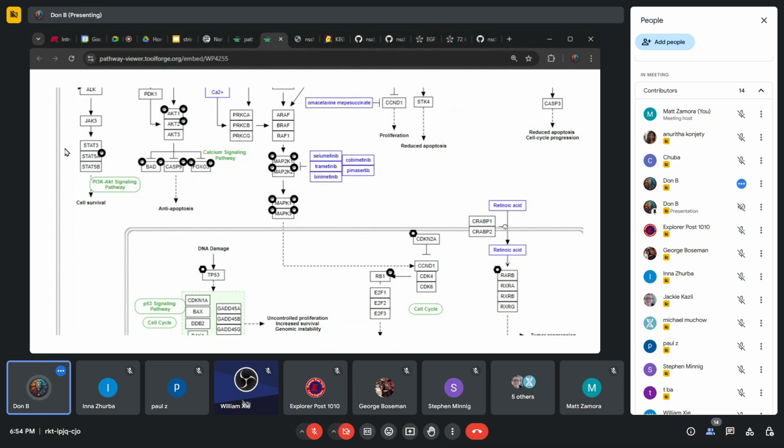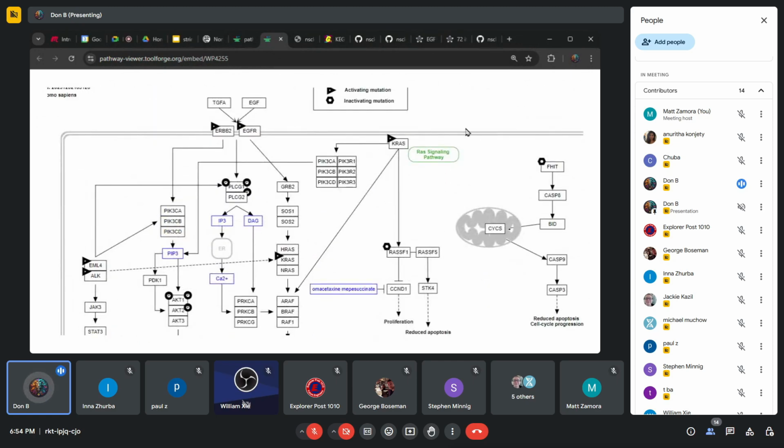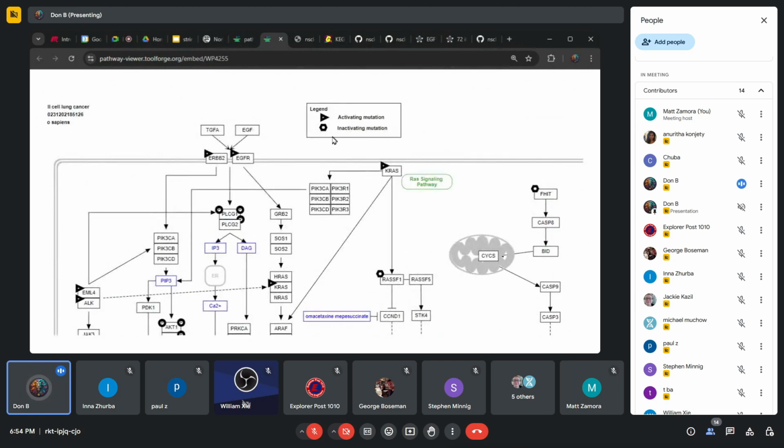So some of the core aspects that they highlight most readily are the mutations that occur in non-small cell lung cancer. There are some that are activating, where things get out of control. And then you've got specific cases where it inactivates key items.